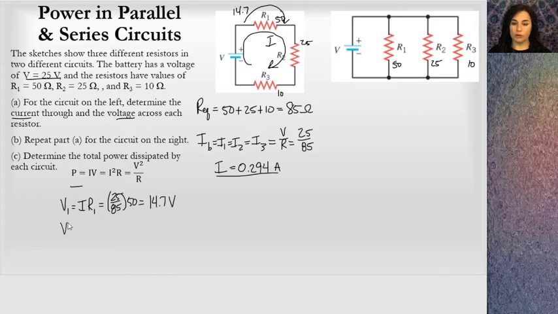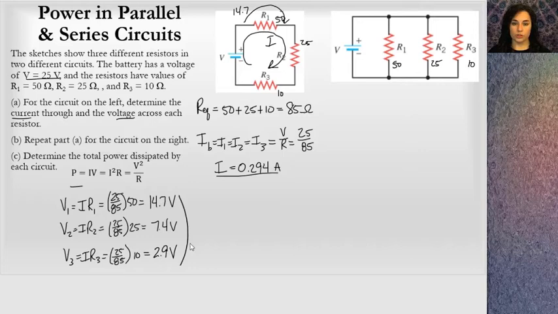I can keep going here. V2 is going to equal IR2, so I'm going to take the current and multiply by R2, which is 25, and I get half of this, 7.4-ish volts. V3 equals IR3, so same current multiply by R3, which is 10, and I'm going to get a fifth of this one, 2.9 volts.